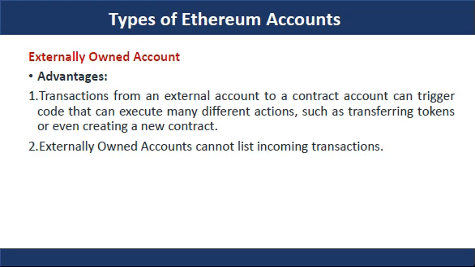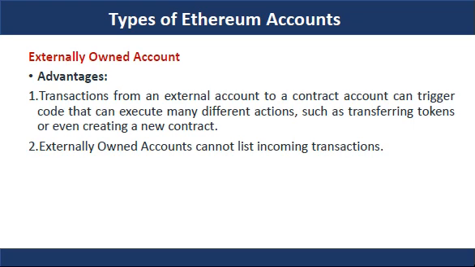Now let us look into the types of Ethereum account. So an Ethereum account is similar to your bank account, but it is basically used for ethers. So ethers can be held in an account and transferred to another account, and it can also be used to execute the smart contract.